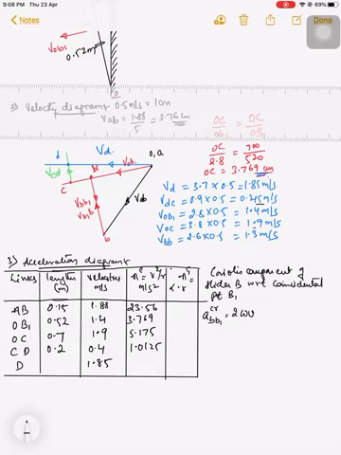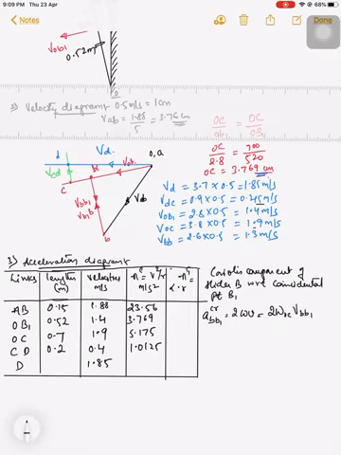Yesterday's video which I have posted consists of the derivation of this formula, what exactly the Coriolis component is, why we should consider it, and what the directions are. Everything has been explained in that video. So this is equal to 2 times omega OC times VBB1, since the slider is on the link OC.